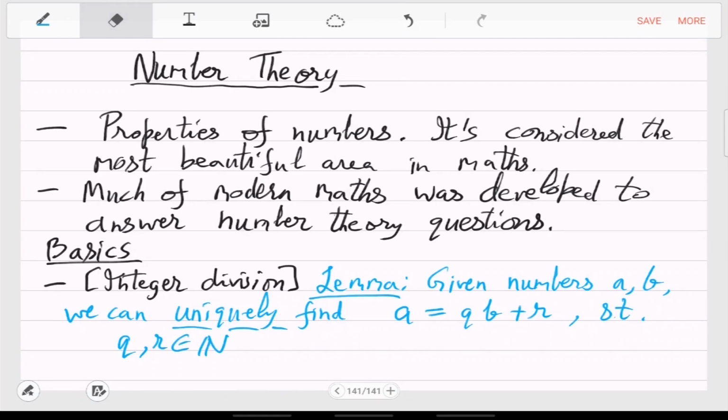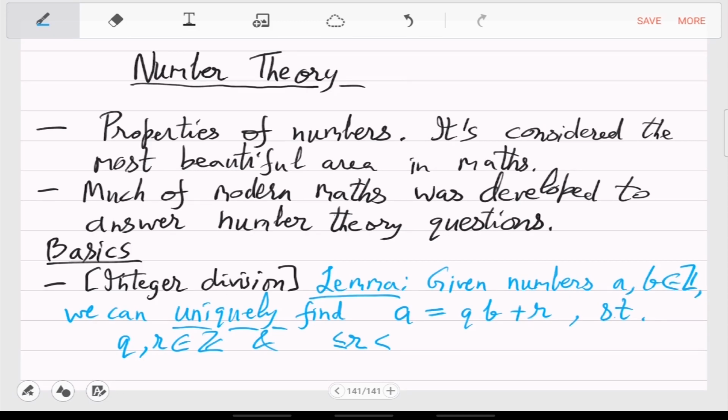Okay, let's specify, sometimes it's important. Such that the remainder is between what? Yeah, if I want uniqueness, then I have to specify some range, because otherwise the possibilities of q and r could be infinite.